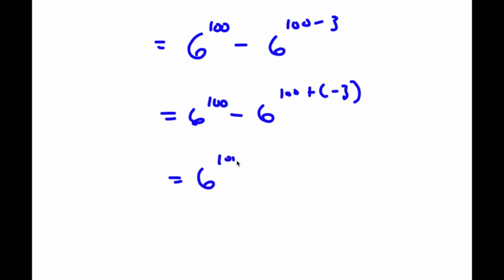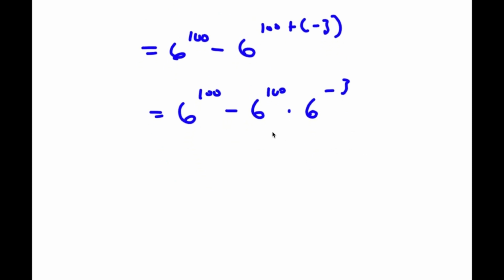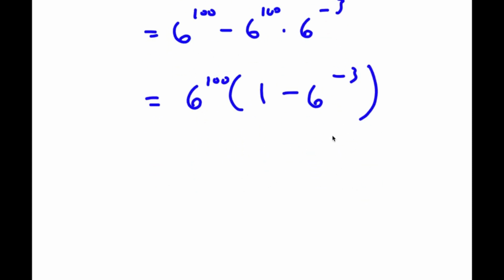So now this is going to be the same thing as 6 to the power of 100 times 6 to the power of negative 3. Now from here, if I factor out 6 to the power of 100, I get 6 to the power of 100 times 1 minus 6 to the power of negative 3. And 6 to the power of negative 3, that's the same thing as 1 over 6 to the power of 3.